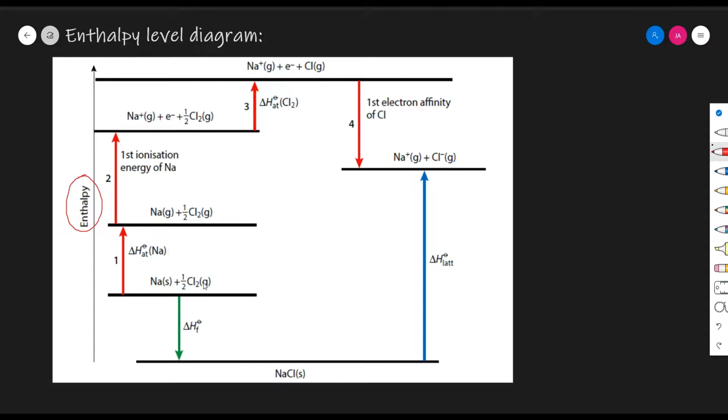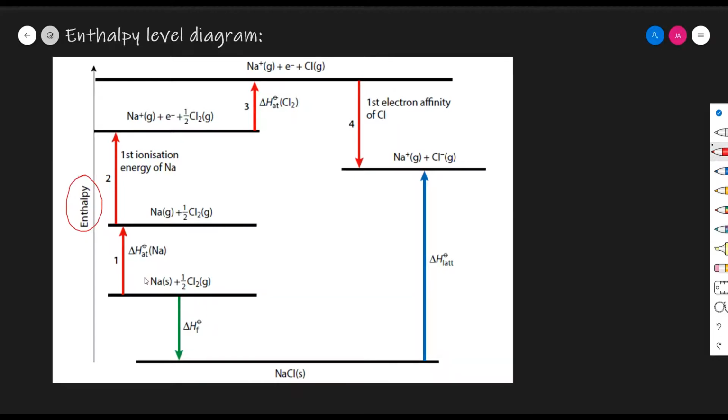The next step would be to link the cycle by converting these elements in their standard states into these gaseous ions using the processes we've learned in the first video. The first process over here would be to convert the element of sodium solid into gaseous atoms, and this is the definition of atomization.